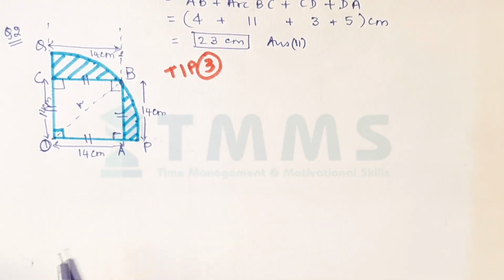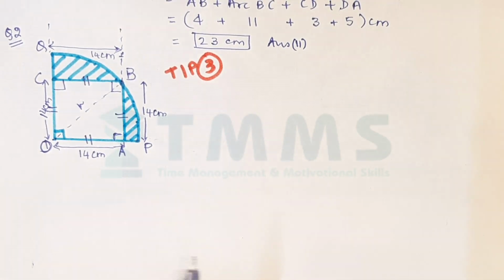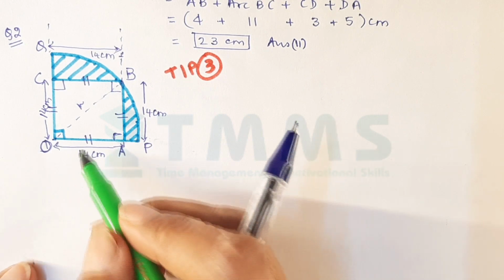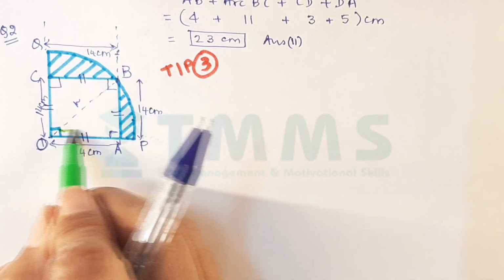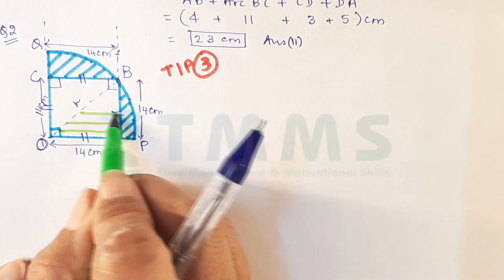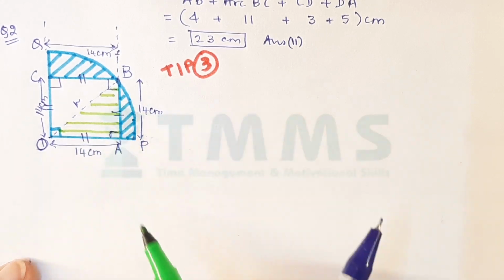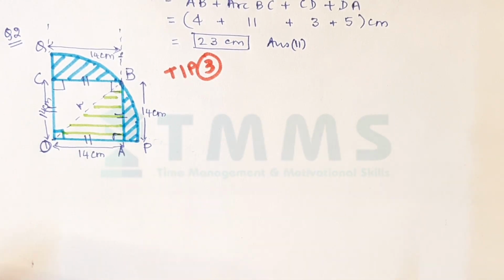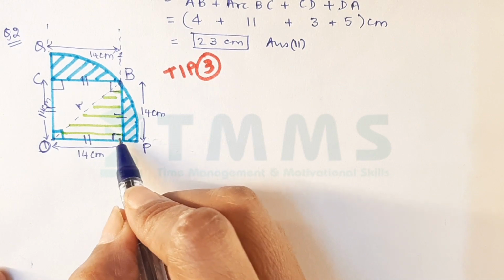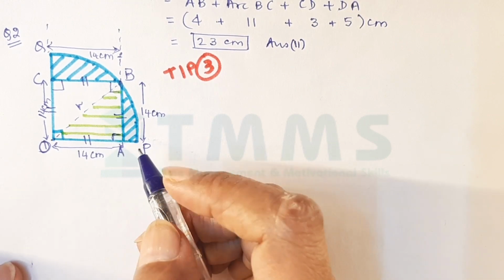Now, what is the connection between this radius and the triangle that is formed over here? Can you see this is 90 degrees? So what type of triangle is it? That's right, this is a right triangle. So what should we do?